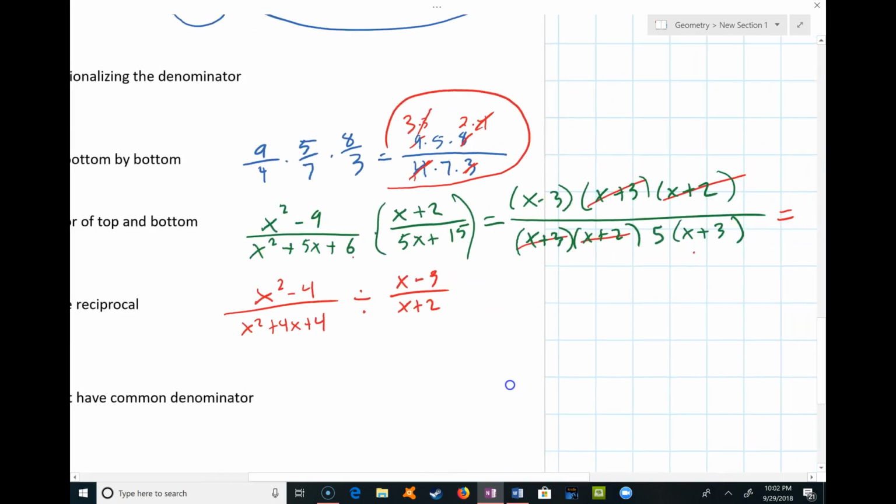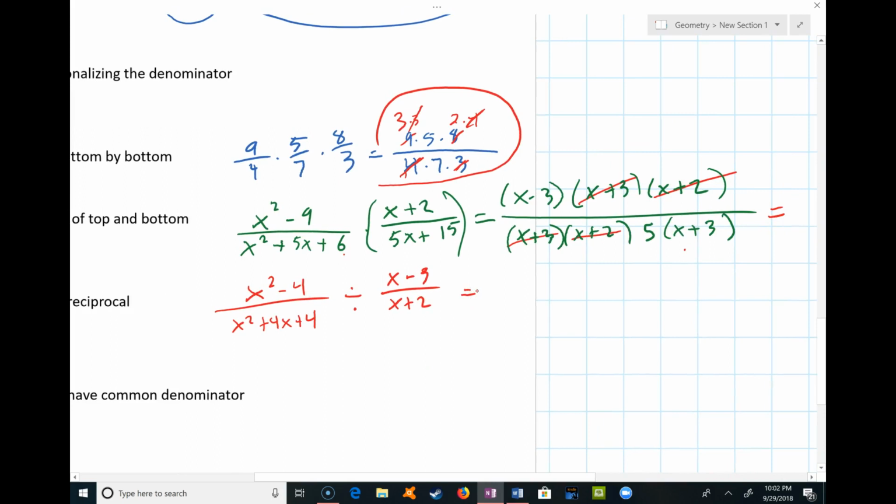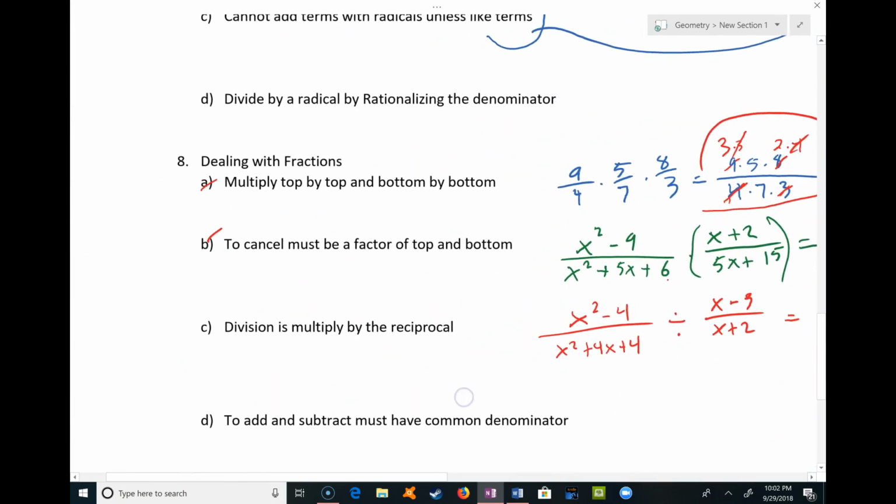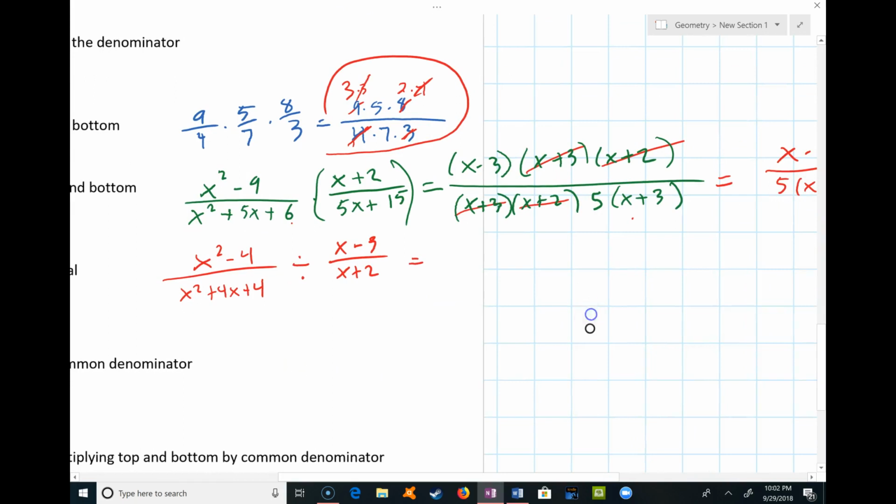Okay, first thing I would do in this case, because I apply the idea that division is multiplying by the reciprocal, as I'm flipping them, I'd factor them first. So x squared minus 4 would be x minus 2 times x plus 2. And on the bottom, I'm going to have x plus 2 times x plus 2. And then this is going to have x plus 2 on top and x minus 3 on the bottom.